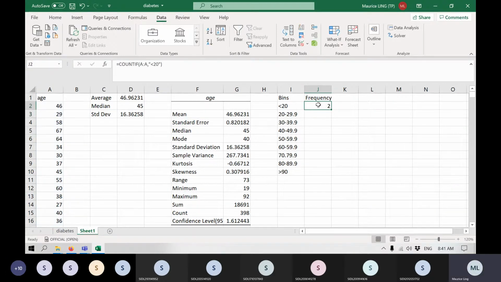That's it. So basically that tells you that there are two values less than 20. So you can do the same for the other bins.